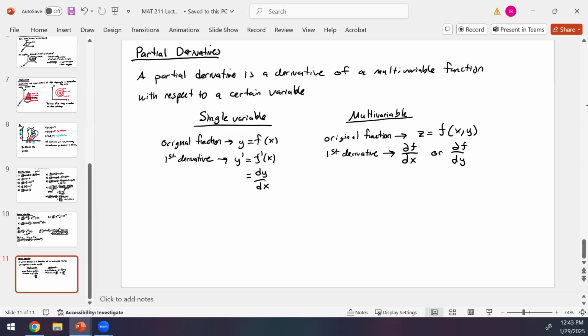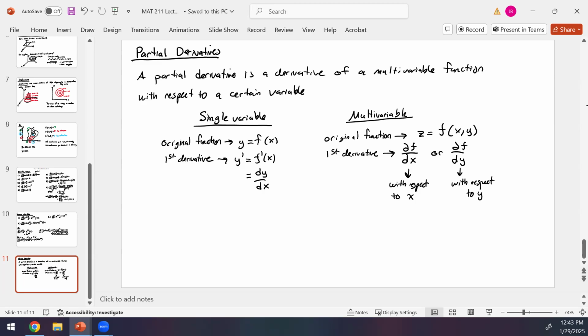So the little partial symbol just tells the reader a multivariable function is in play. So how do you read this? Derivative with respect to, so with respect to x. It's the letter at the bottom. So that's the derivative with respect to x. And then this is the derivative with respect to y.